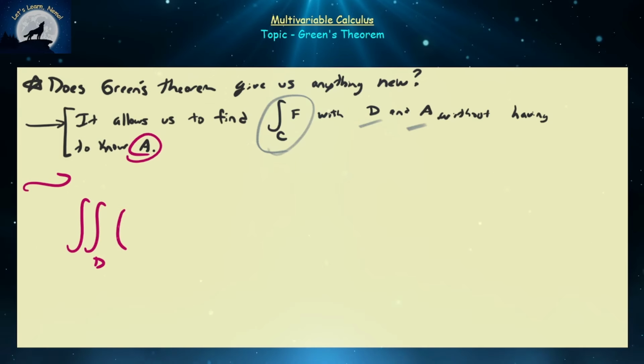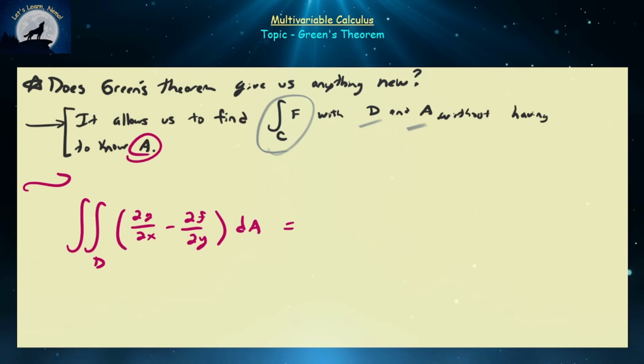Well, keep in mind, Green's theorem states that the double integral of partial g partial x minus partial f partial y dA is equal to the integral over some path c of f dx plus g dy.